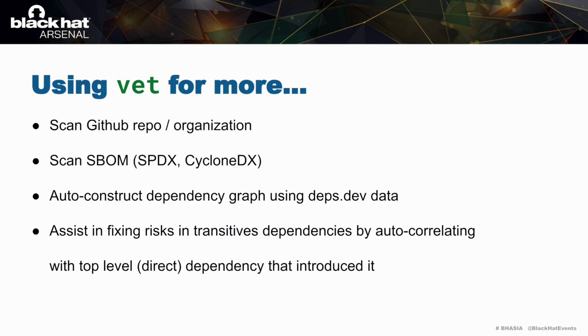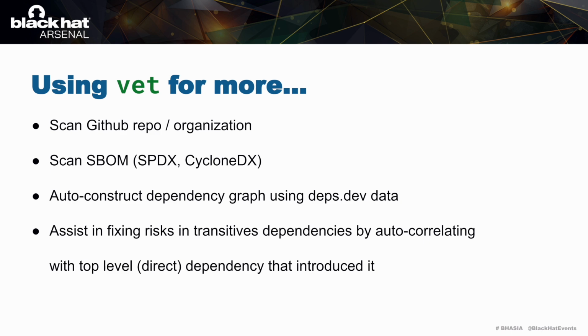But note that updating a direct dependency may not always fix the issue, because there may be intermediate dependencies whose dependency constraints do not require updating the transitive dependency with the vulnerability. This is a hard problem, but WET is trying to assist as much as possible by showing the dependency relationship.